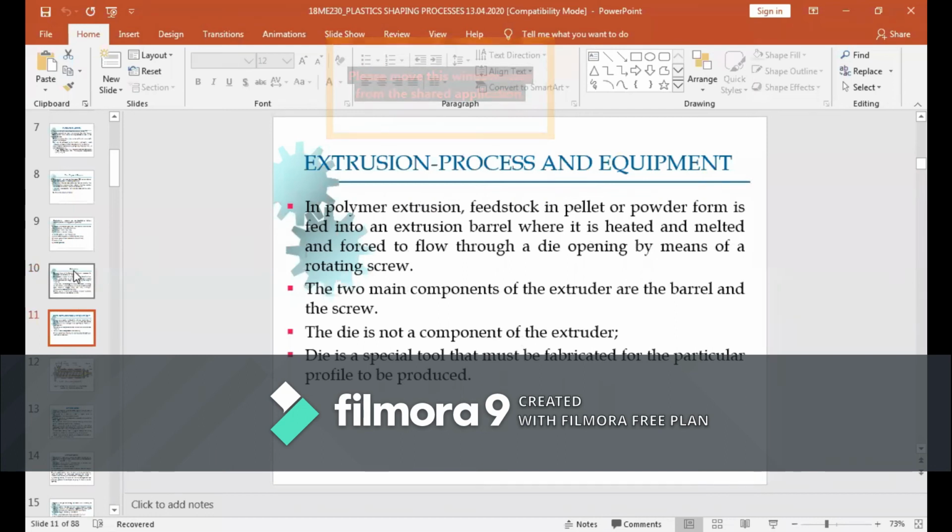Here I am going to put the raw material, that is polymer material, through the hopper in the form of a pellet or powder. That will flow into the barrel, and it is heated and melted and forced through a die by means of a rotating screw.